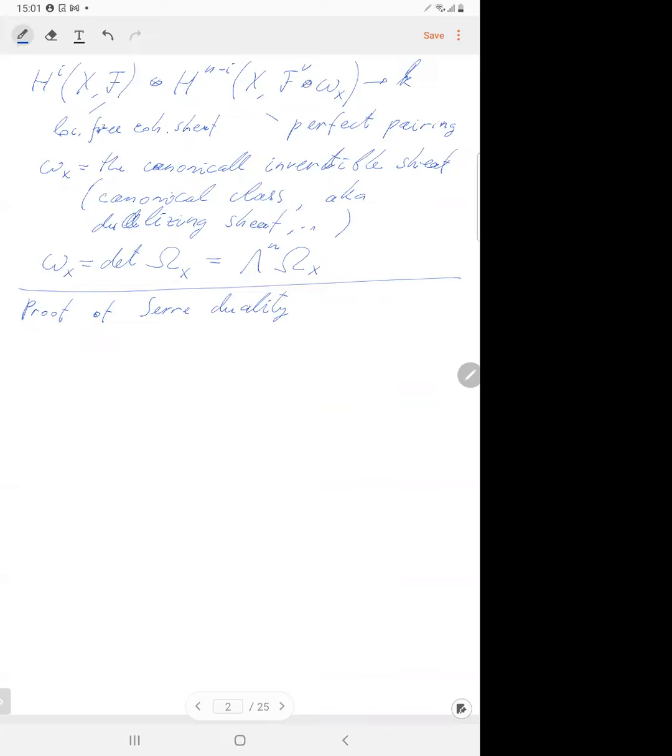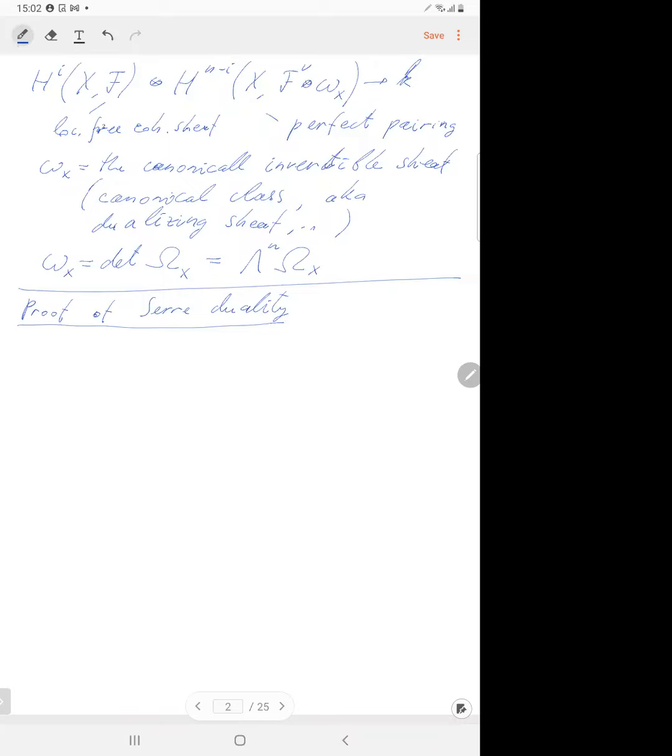And at some point, I will have to recall something from the last week, but at least let's first define this canonical trace morphism.